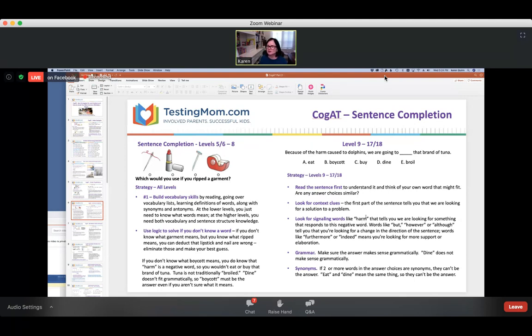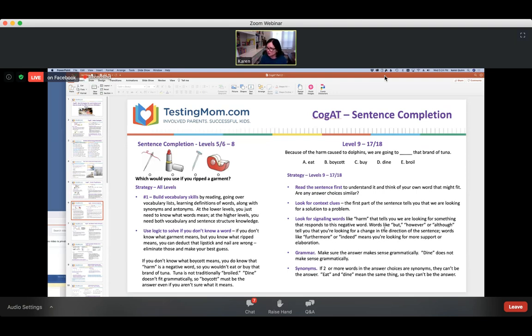As we talked about already, the word harm is telling you that we're dealing with something negative. So we're looking for a response to something negative. Which words might respond to something negative? If you see words like but, however, or although, they're telling you that there's a complete change of direction in the second part of the sentence. So you're looking for words that indicate a complete change of direction.